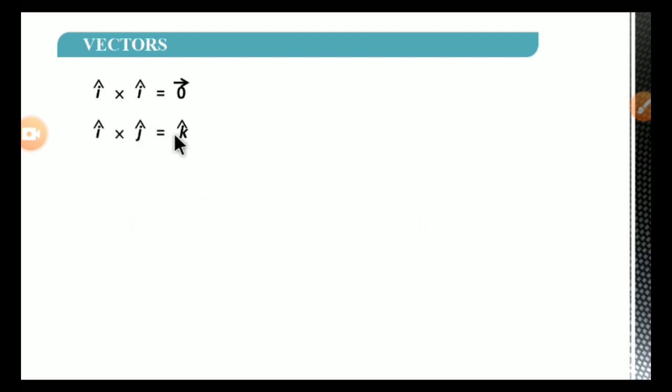I cross J is equal to K cap, because see here, X, Y and Z all are perpendicular to each other. Therefore this is the positive x-axis, this is the negative x-axis, this is the positive y-axis and the negative y-axis, and this is the positive z-axis and the negative z-axis.